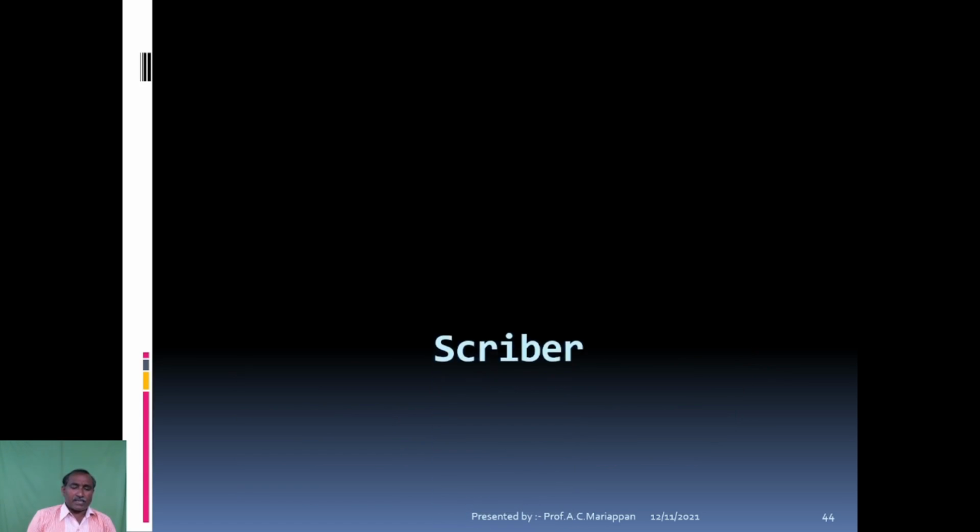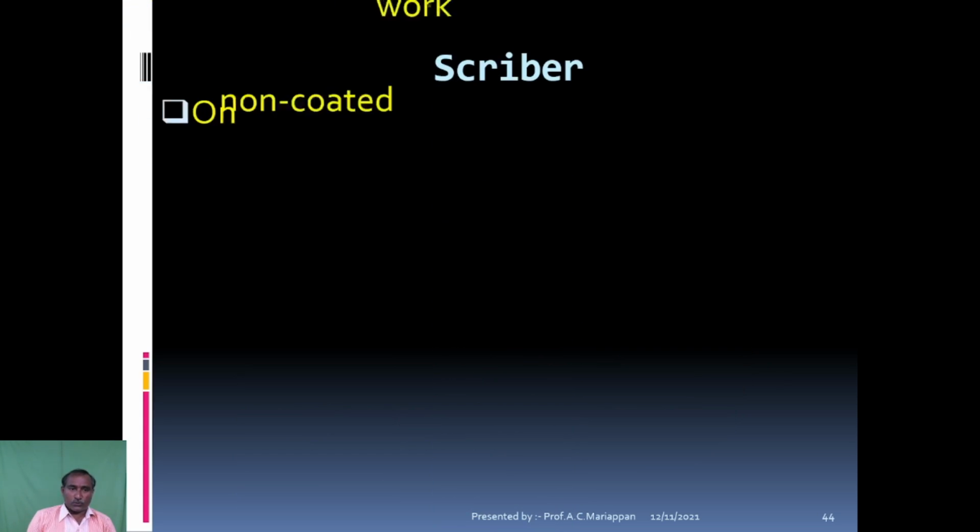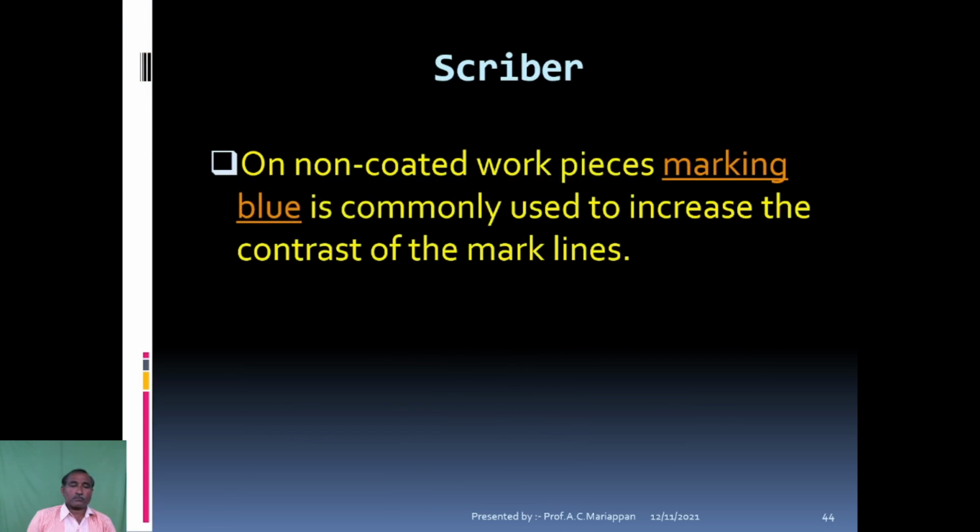A scriber is commonly used along with contrast marking lines, because it is not possible to visualize the marking location on the metal surface with the naked eye. We cannot say whether the surface is smooth or rough. If it is a rough surface, the scribe lines are not possible to visualize with the naked eye.